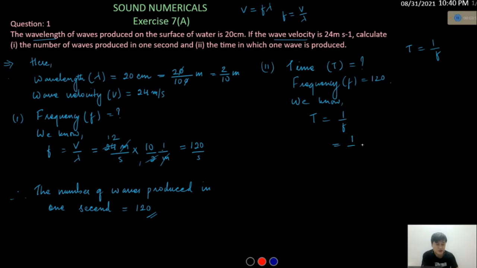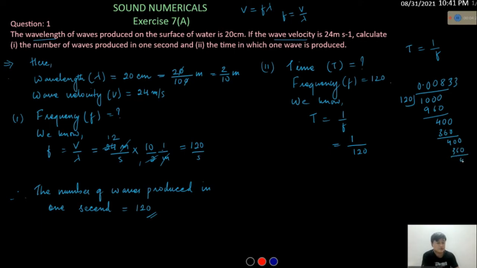to 1 upon 120. So 120 will divide 1, 0, 0.0, this will not go, again 0 0, then it will go 8 times, 8 12 are 96, 0 4 0, then we can add 1 0, 3 times 36, 0, then 4 0, again it's coming 3 times 36, 0.